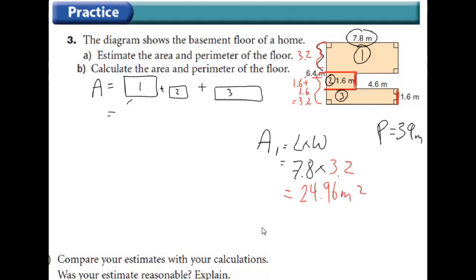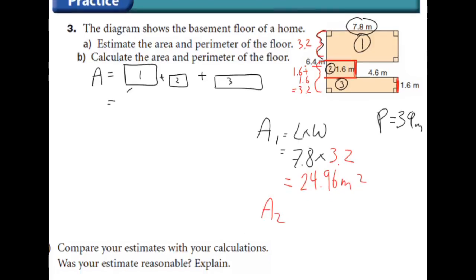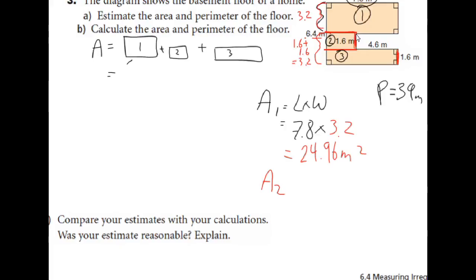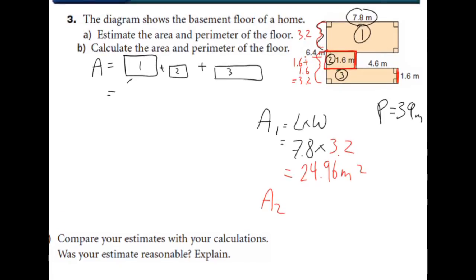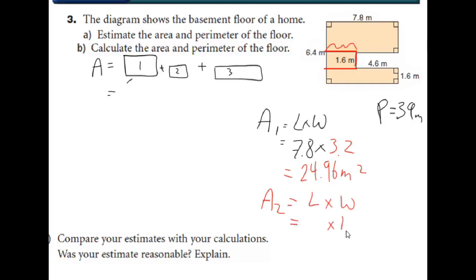What about my second one, area of rectangle number 2? It's this little one over here. I've got one side is 1.6. Let me neaten this up a little bit. I've got 1.6 over here, but how long is this side over here? That's what I have to find out. I've got length times width. I don't know the length, but my width is 1.6 meters.